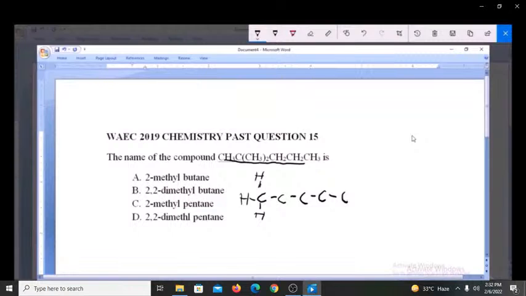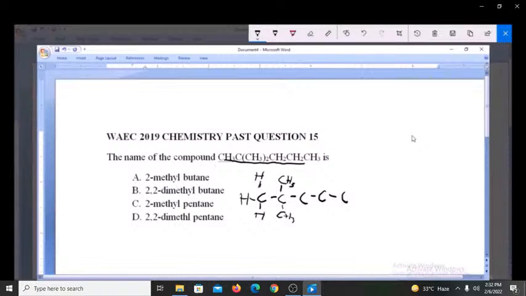Now, for the second carbon atom, you have a methyl group, so CH3, right there. Then, so the methyl groups are 2, as you can see here, CH3 in bracket, then 2. So there are 2 methyl groups. So you add the second methyl group here.